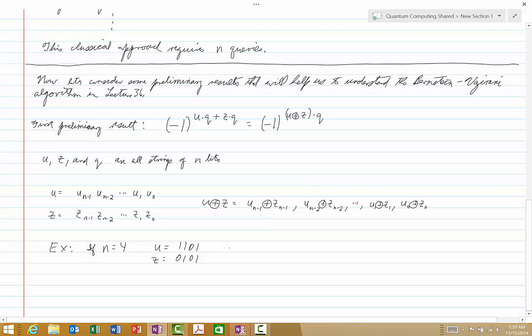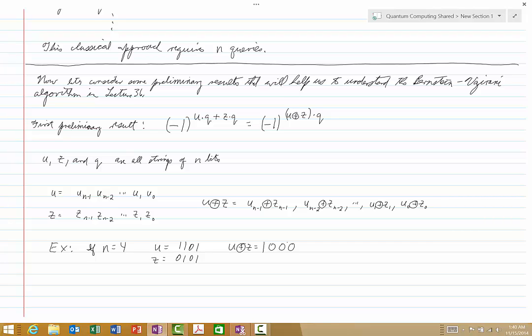So in this case, U exclusive or Z would be, okay, we look at the first bit in each one, and those two are different, and we know that the exclusive or of two values that are different will be 1, and the exclusive or of two values that are the same will be 0. So the exclusive or of 1 and 0 is 1. The exclusive or of 1 and 1, since those are the same, will be 0. The exclusive or of 0 and 0 will be 0, and the exclusive or of 1 and 1 will be 0. So if U is 1, 1, 0, 1, and Z is 0, 1, 0, 1, then U exclusive or Z is 1, 0, 0, 0.